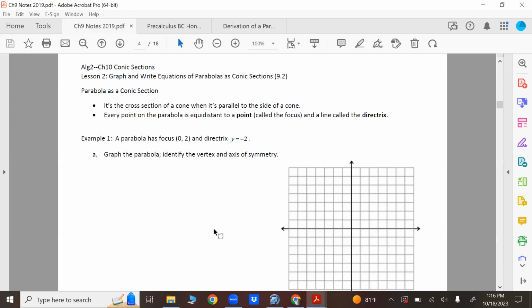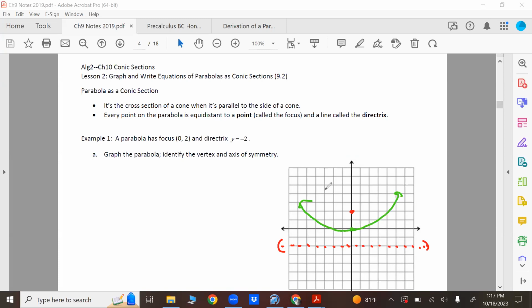So again, it's another cross section of the cone, but you slice out a corner instead. Every point is of equal distance to a focus and a line called the directrix. The focus is at (0, 2), the directrix at y equals negative 2, and the parabola, I'm just going to do a rough sketch, will probably look like that.